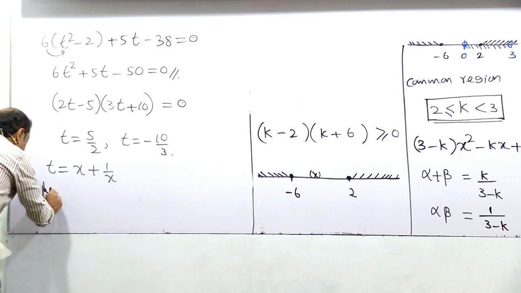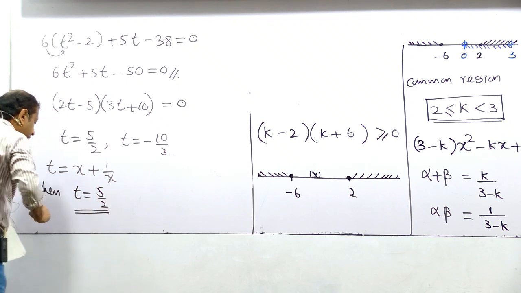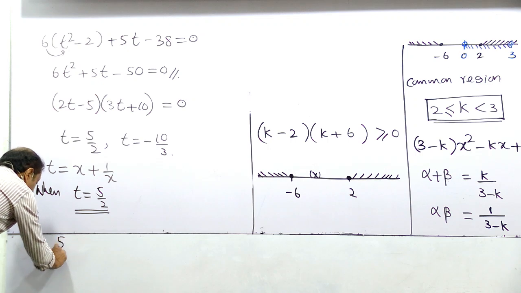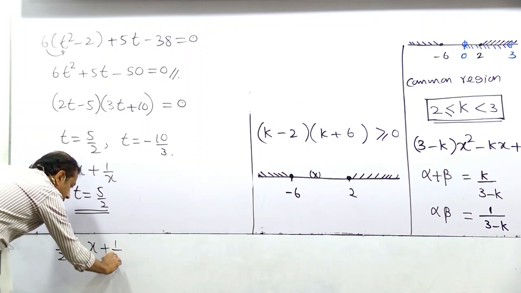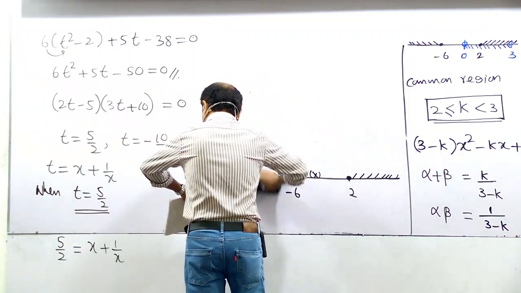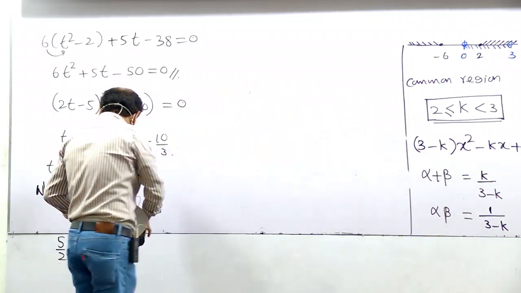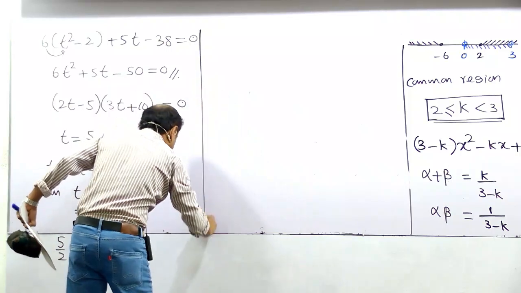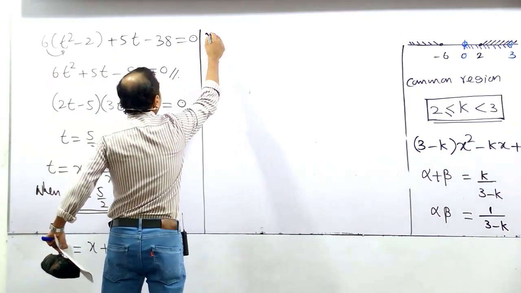First one, when t equals 5 by 2, put that here: 5 by 2 is equal to x plus 1 over x. Now we'll multiply this by 2x.